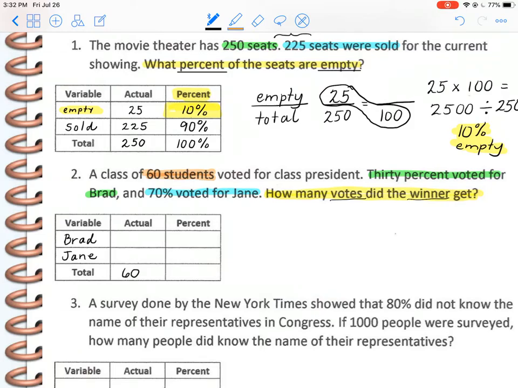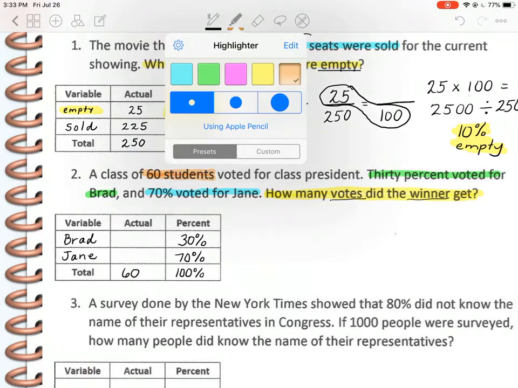That's the whole class. 30% goes with Brad. 70% goes with Jane, and we know that our percent total is always 100. So we are missing two pieces of information that we're about to find.